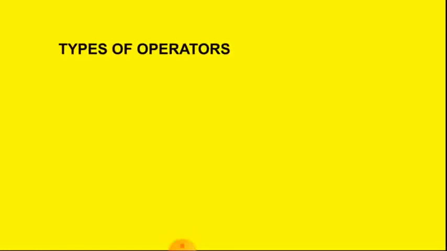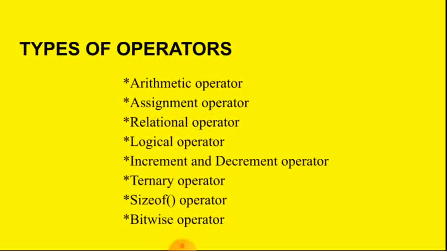Types of operators: arithmetic operator, assignment operator, relational operator, logical operator, increment and decrement operator, ternary operator, size of operator and bitwise operator. These are the types of operators in C language.